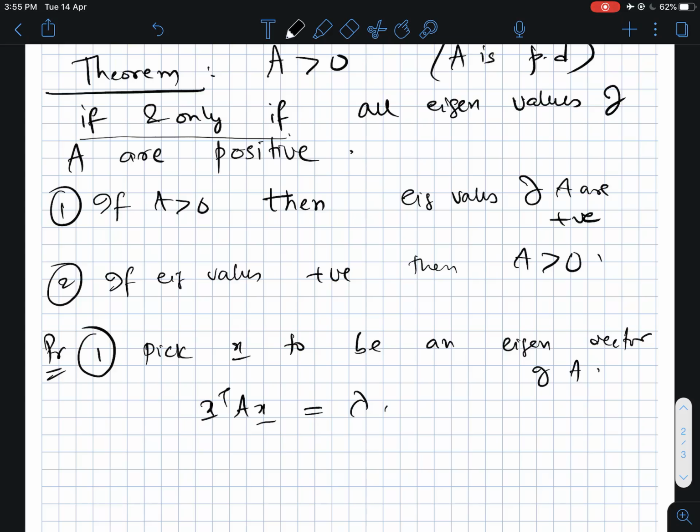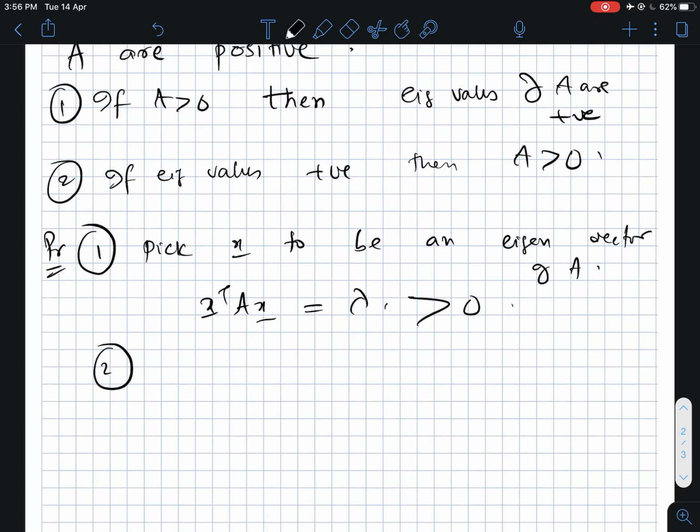If x is an eigenvector, then x transpose Ax is equal to lambda, the corresponding eigenvalue. But A is positive definite, so this quadratic form is positive, which means the eigenvalue is positive. It doesn't matter what eigenvector I pick, the corresponding eigenvalue turns out to be positive, meaning all the eigenvalues are positive. That finishes the first part.